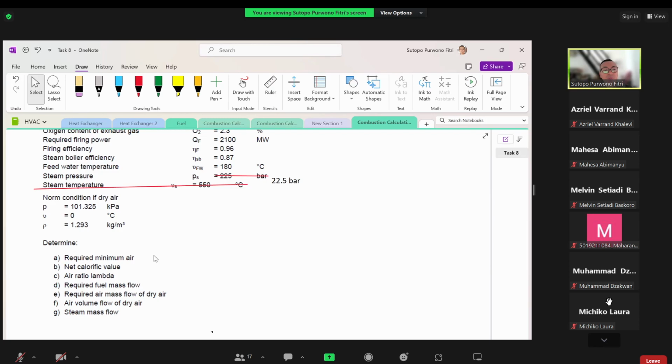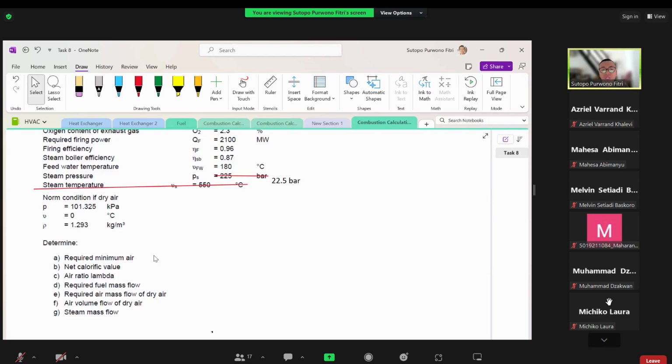But of course, you don't need too much excess air, because if you have too much air during the combustion, then probably you have a lower quality of combustion.